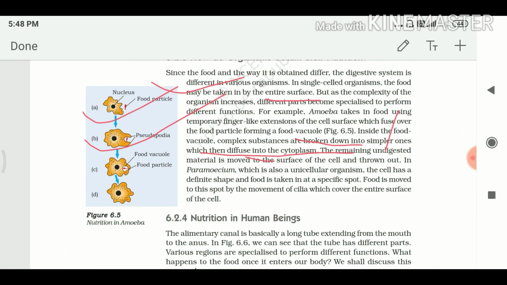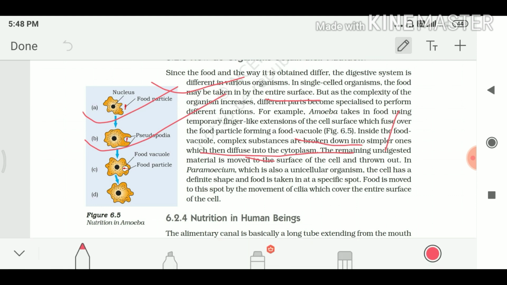Food is moved to the spot by the movement of cilia, the hair-like projections which help the paramecium in movement and cover the entire surface of the cell. Here only 2 to 3 lines are given, but if you are writing in your exams, then I suggest writing in a point-wise manner and writing all these 5 steps.